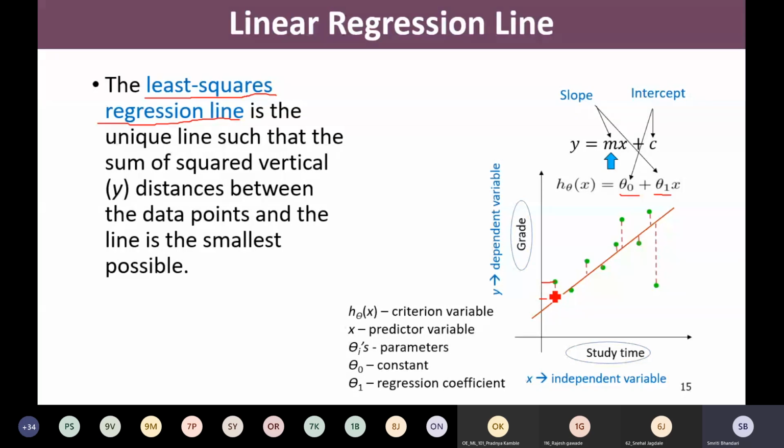So this vertical distance actually is giving me the error in prediction. So what we are going to do is compute all those vertical distances, all those errors, with respect to my data points in my training data set. And based on that, we are going to compute the error for this hypothesis.